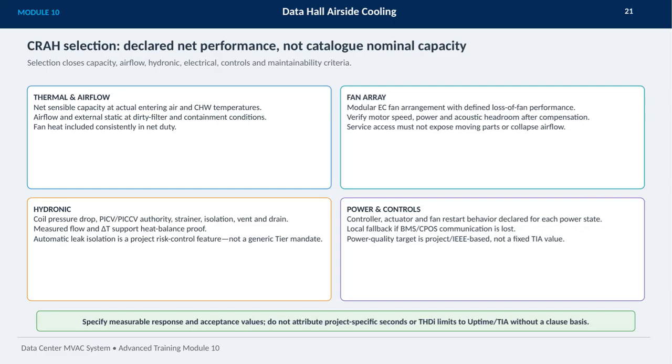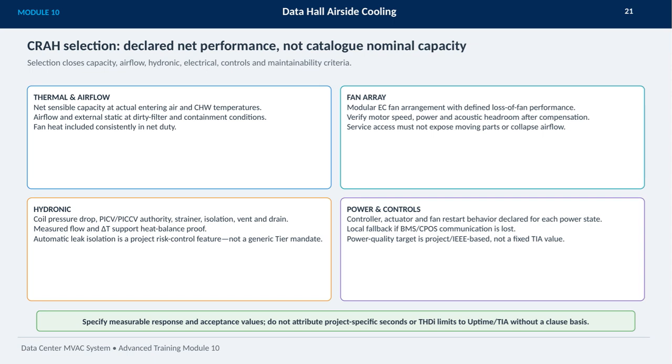This module covers Data Hall Airside Cooling, focusing on CRAH selection based on declared net performance rather than catalog nominal capacity. The selection process integrates capacity, airflow, hydronic, electrical, controls, and maintainability criteria to ensure comprehensive system optimization.